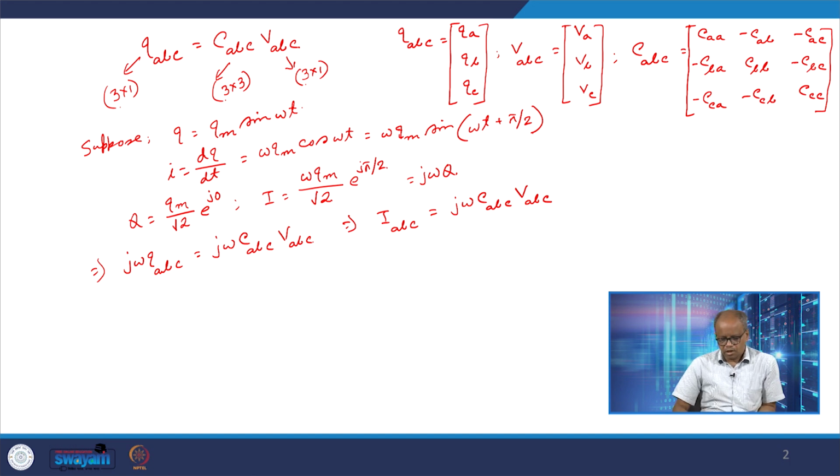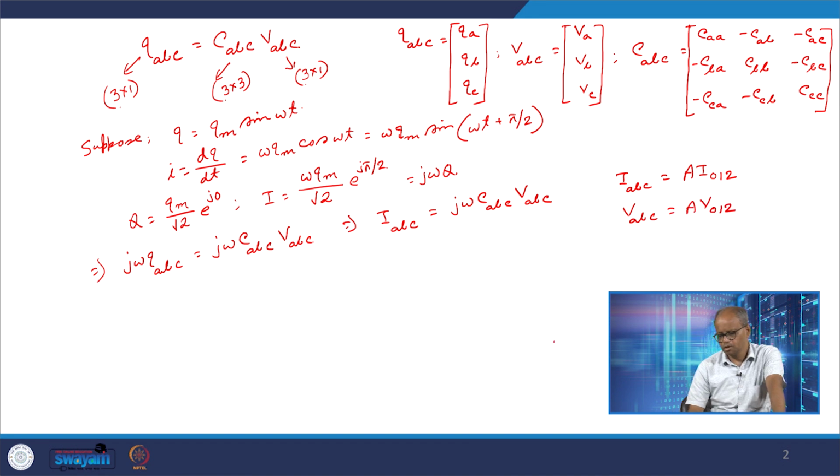Now I also know that IABC is equal to the symmetrical component transformation matrix A into I012, and VABC can also be written as A into V012, where I012 and V012 are individually 3 cross 1 vectors. I012 is nothing but I0, I1 and I2, that is the zero sequence, positive sequence and negative sequence.